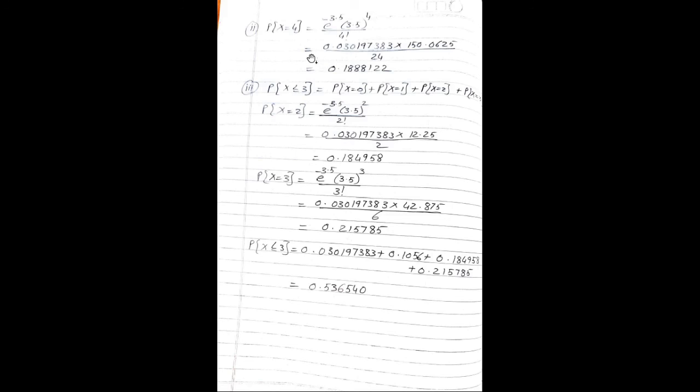So which can be considered as 0.030197383 into 150.0625 divided by 24. The answer is 0.1888122. Then third part, we want probability X less than or equal to 3. So we will need probability X is equal to 0, which already we have calculated.